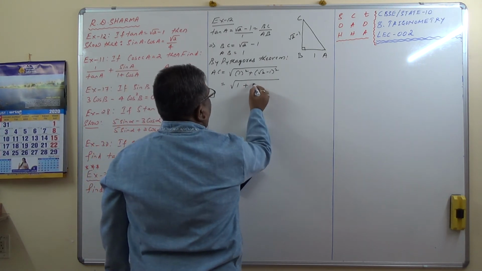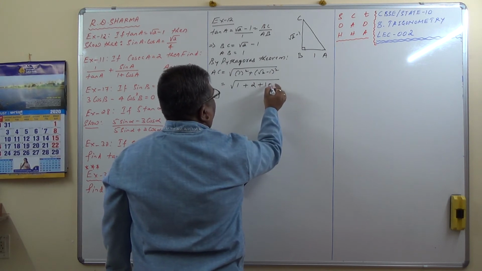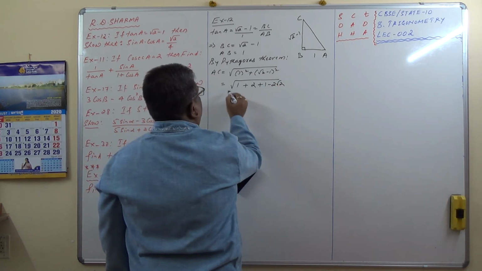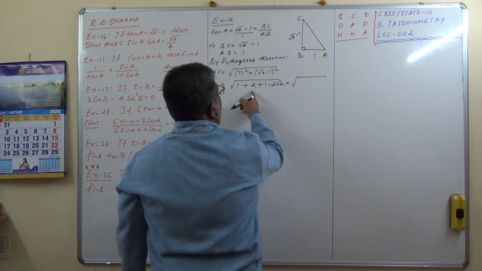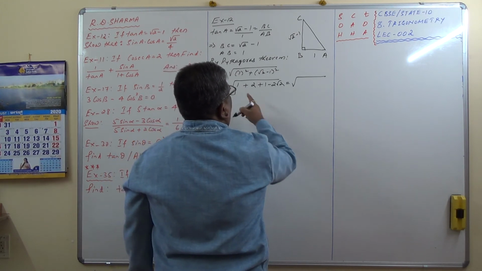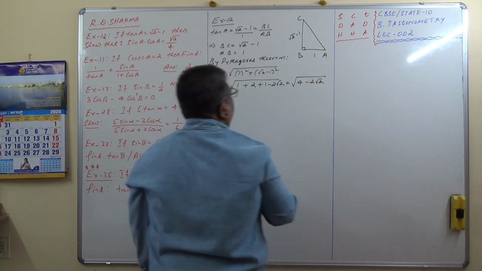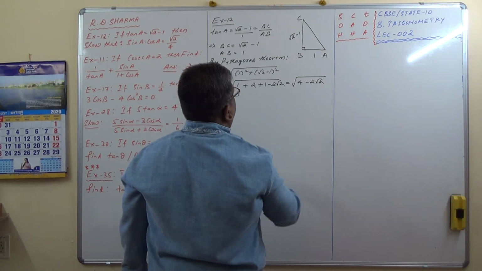Root 2 square 2 plus 1 minus 2 root 2. So this equals 2 plus 2 4 minus 2 root 2. 4 minus 2 root 2 is what we are getting.